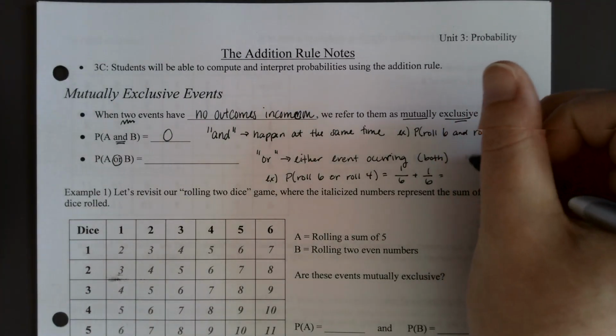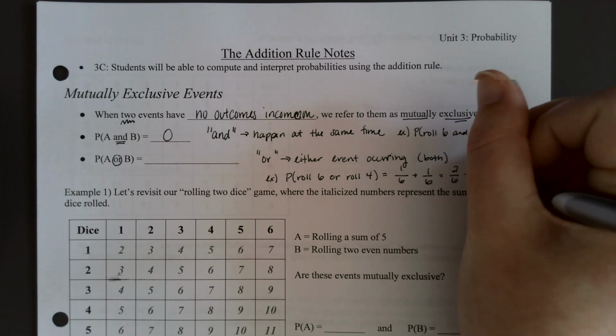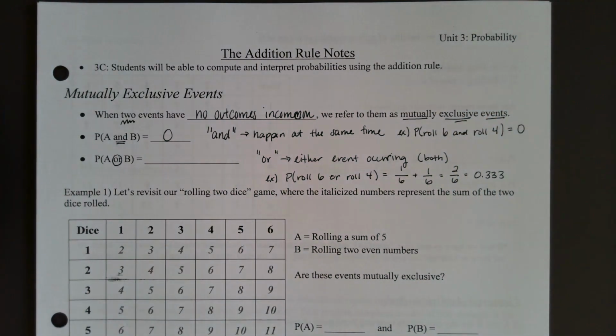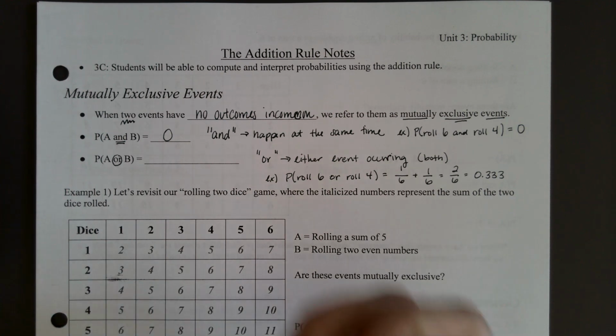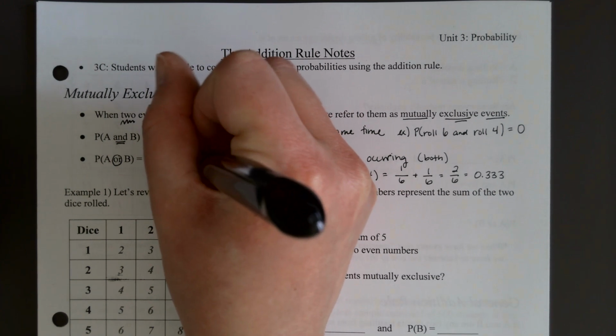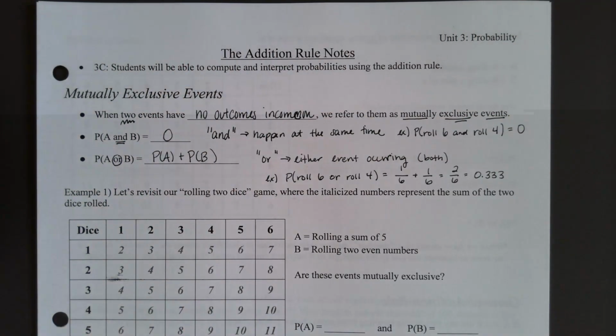So when I add them together, I get 2/6 or 0.333. That would be the probability that event A, rolling a 6, or event B, rolling a 4, would occur. So we would have the probability of A plus the probability of B. We just add the probabilities together.